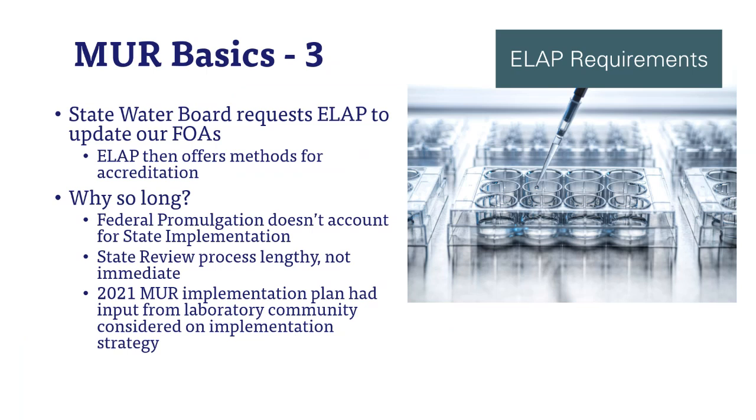As you can see, there was step 3. So there's a bunch of steps ahead of time that might prevent us from offering a method. So it could be that the federal rule under which they're approved hasn't been finalized yet. It could be that the state program hasn't finished their review, or it could be that ELAP hasn't finished fixing our back end to make sure laboratories can actually apply for it.